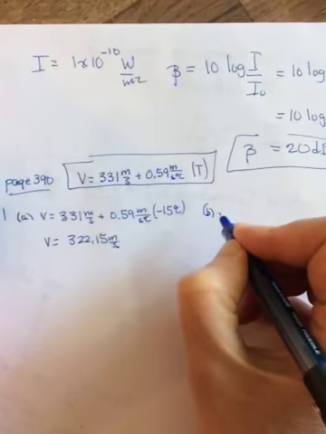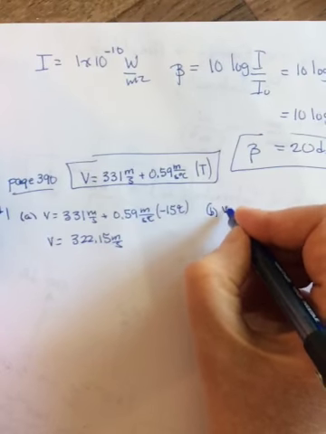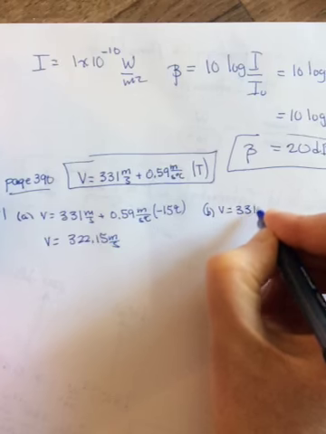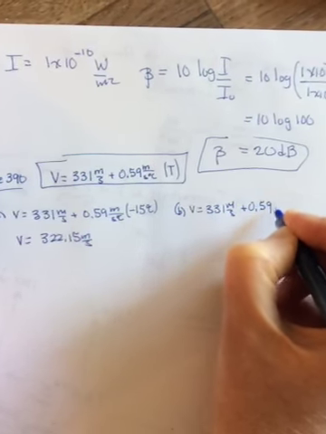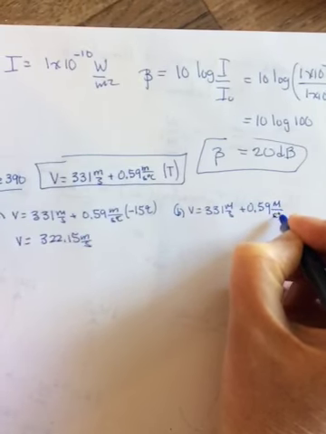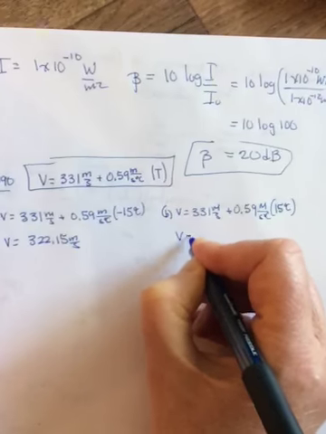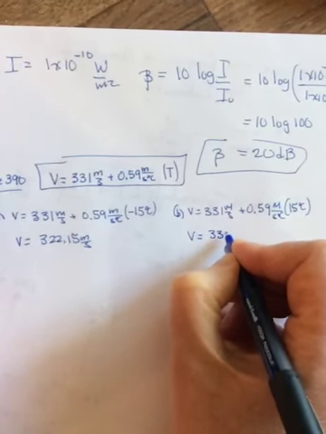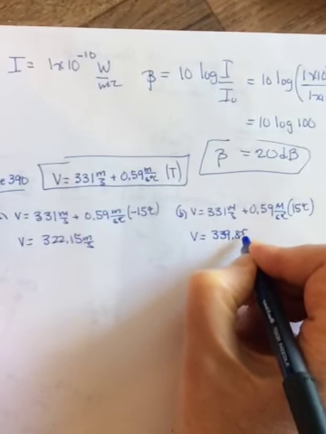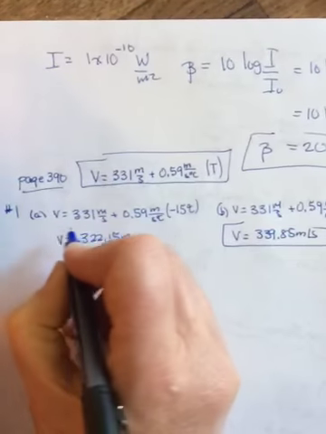B is positive 15 degrees. So 331 meters per second plus 0.59 meters per second degrees Celsius times 15. V should be equal to 339.85 meters per second.